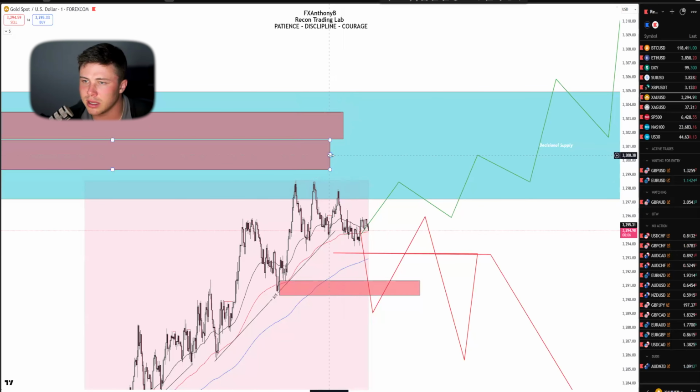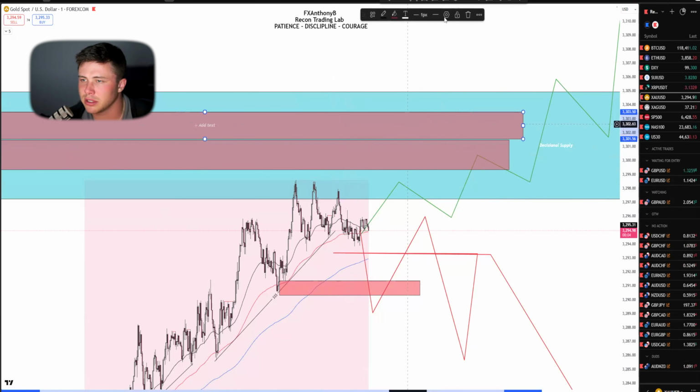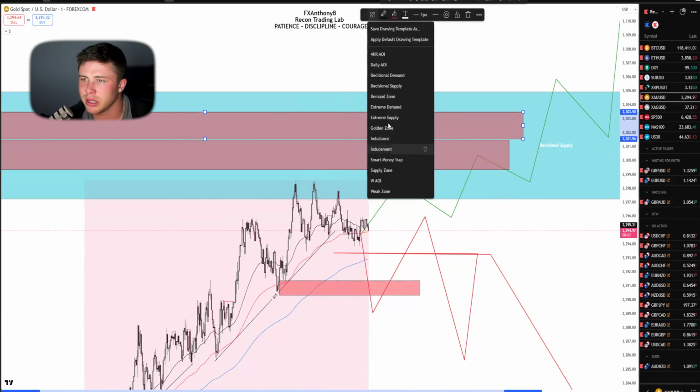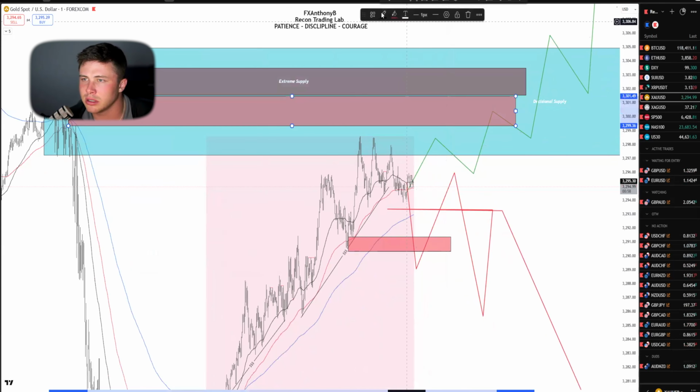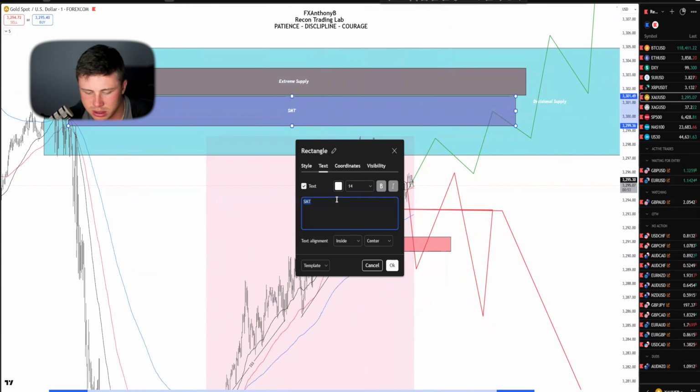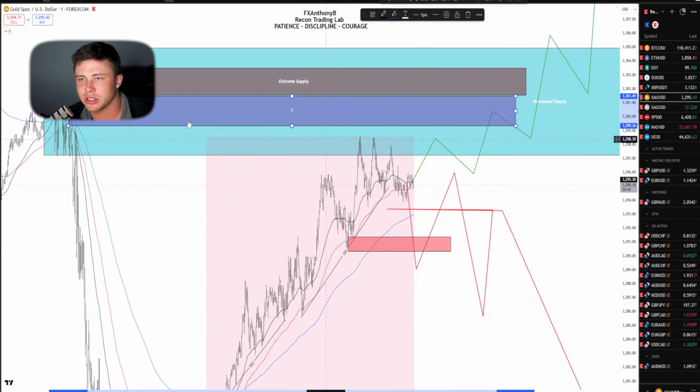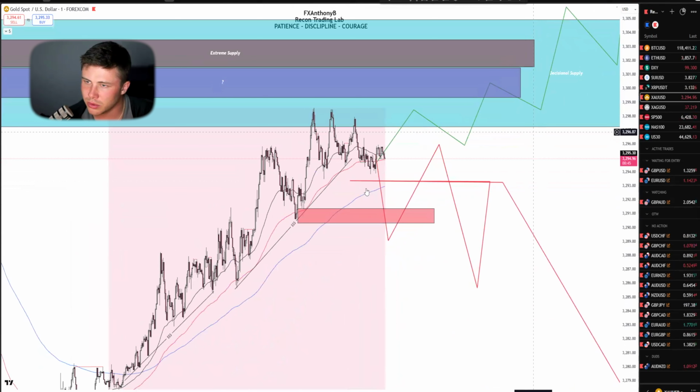There's a chance that price does push up into this zone again here on the 1 minute. So this would be our extreme supply. And then this would be a smart money trap or a question mark, because we want to see clear direction off of this zone, knowing that our extreme is right there, right?